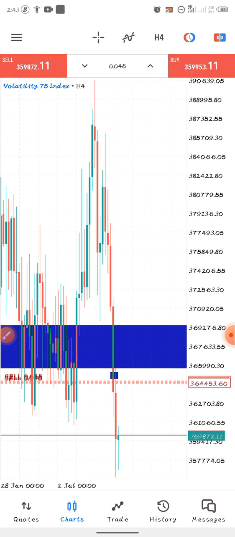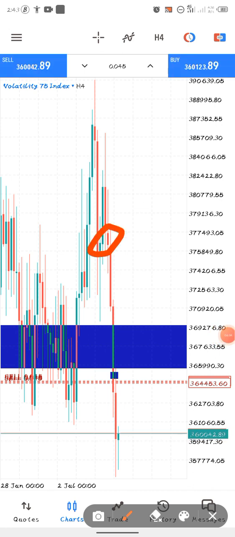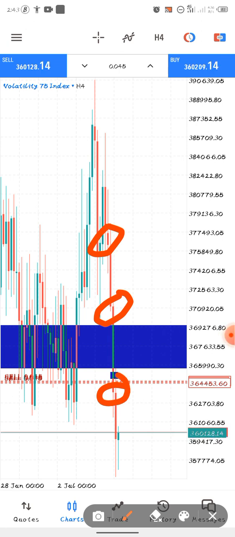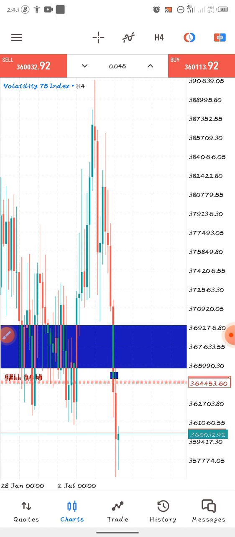Now guys, look at something right here. This is where the market is shooting with a big candle that eventually breaks this area right here, and eventually breaks that area right there. Now let's switch to our 15-minute time frame so you could have a better understanding of it. Now this is on the 15-minute time frame.